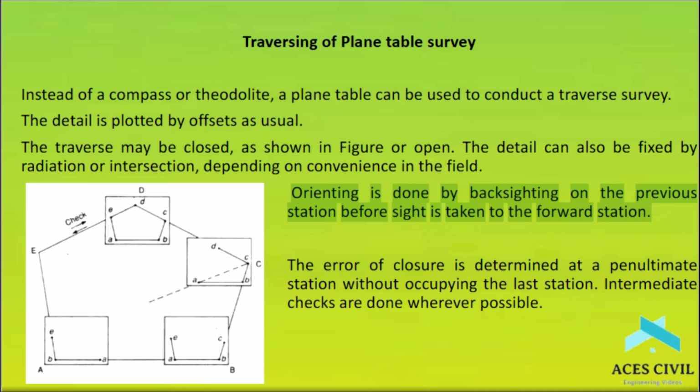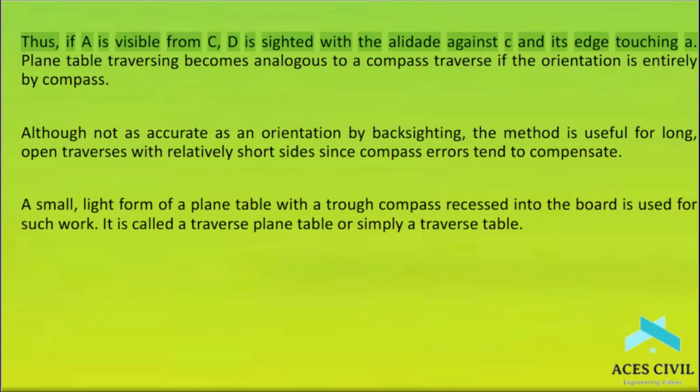Orienting is done by backsighting on the previous station before sight is taken to the forward station. The error of closure is determined at a penultimate station without occupying the last station. Intermediate checks are done wherever possible. Thus, if A is visible from C, D is sighted with the alidade against C and its edge touching A. Plane table traversing becomes analogous to a compass traverse if the orientation is entirely by compass.